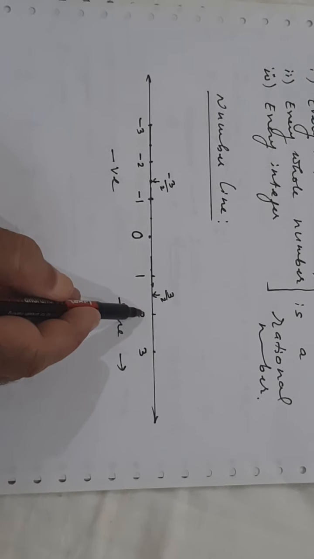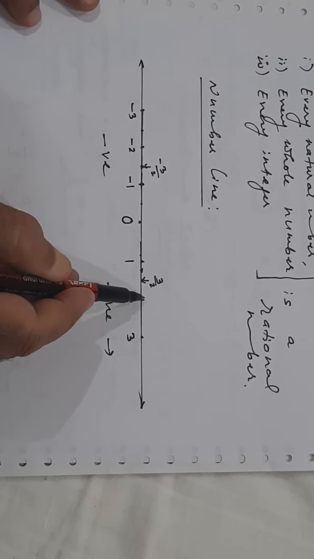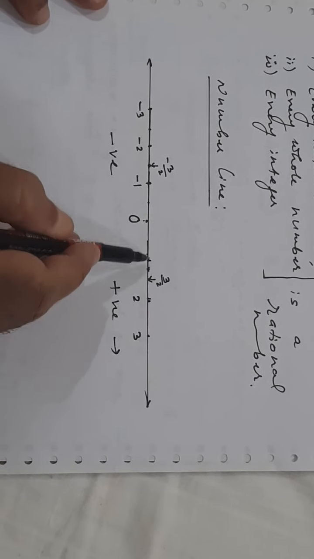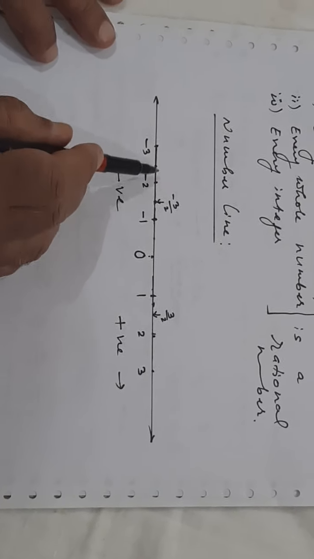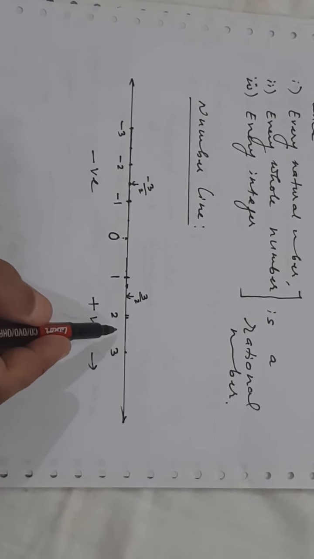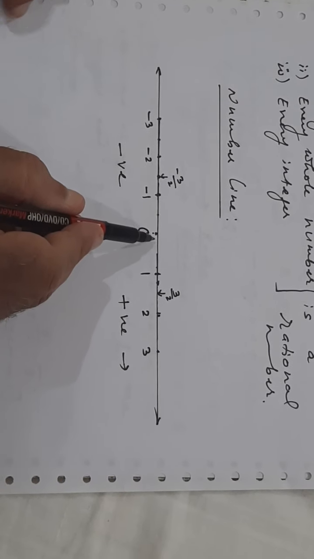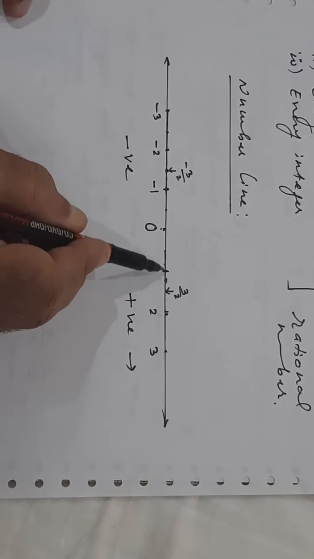2 is 2. Now guess how many numbers are between 1 and 2, or between 0 and 1, or between 0 and -1, or between -1 and -2. Come on, tell me, how many numbers are there between any two numbers? I think you must have guessed correctly.